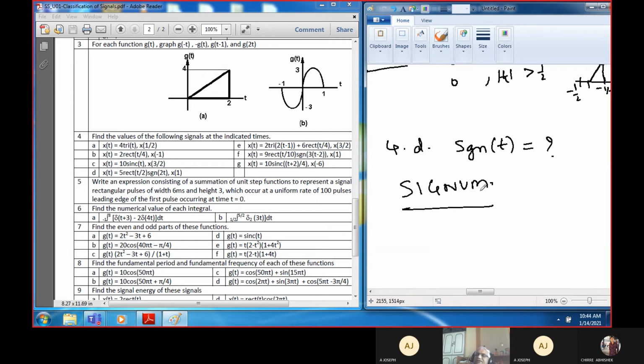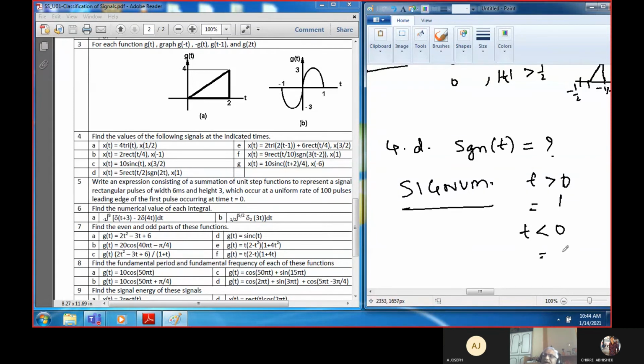So what is the signum function? Signum function is very easy to understand. For all values of t greater than 0, it will have a value of 1, and for all values of t less than 0, it will have a value of -1. At t equal to 0, you can call it 0, but usually we will give it the center value, which is equal to 0. So let us try to write that.